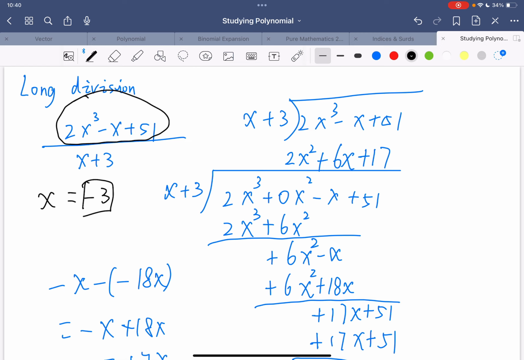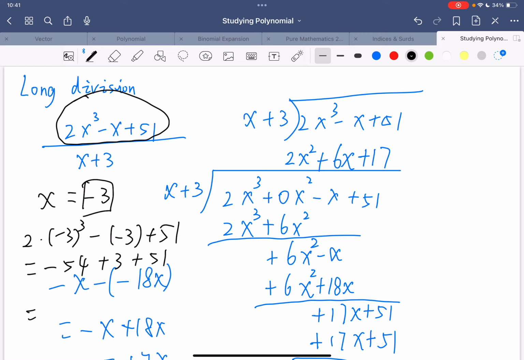You will find that 2 times (-3) to the power 3 minus x plus 51 equals negative 54 plus 3 plus 51.